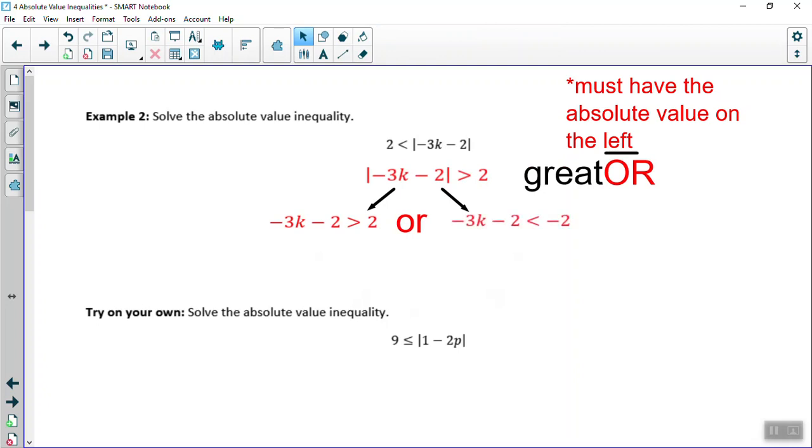All right, now we can solve, just like we solve any inequality. So I'm going to add 2 to both sides, which cancels those out. And we are left with -3k is greater than 4. I'm going to divide both sides by -3.